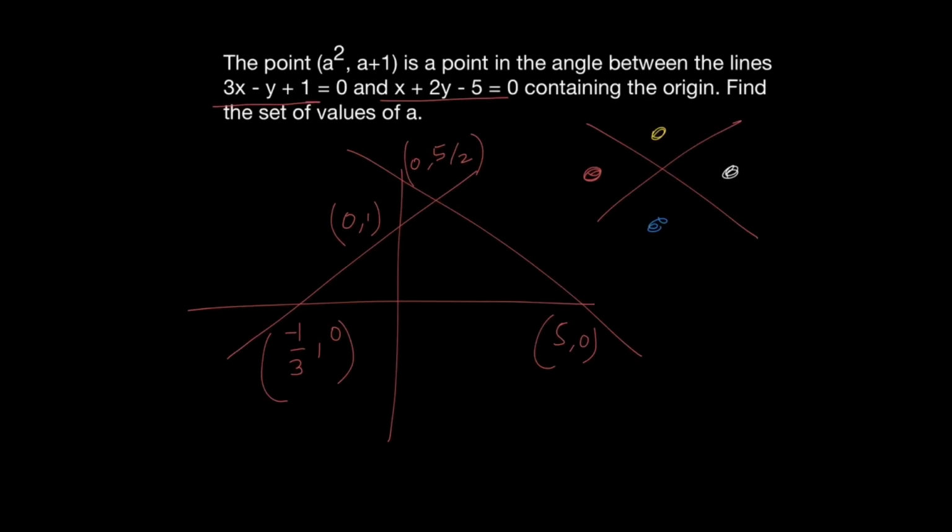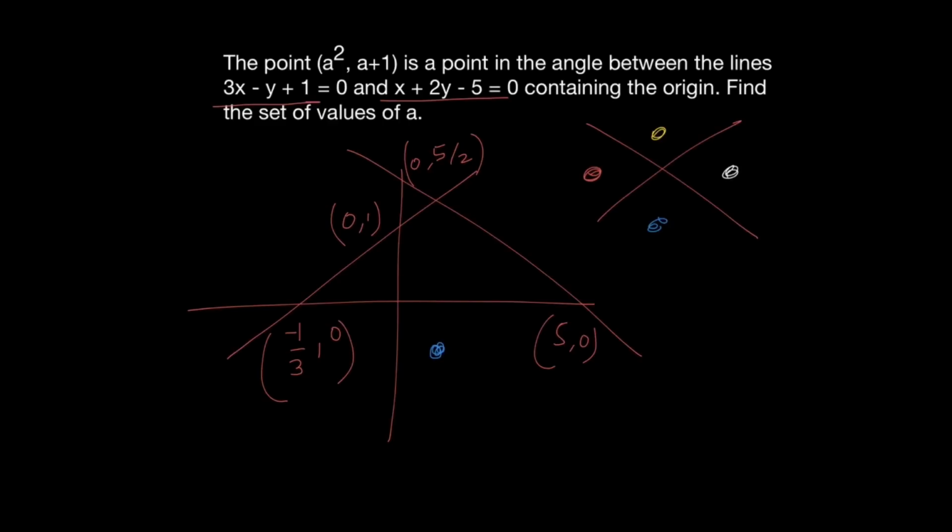You can now see that the origin here is in the angle between the lines present here. So therefore the point (a², a + 1) should also lie in this zone, right? Okay, let us take a random point over here.